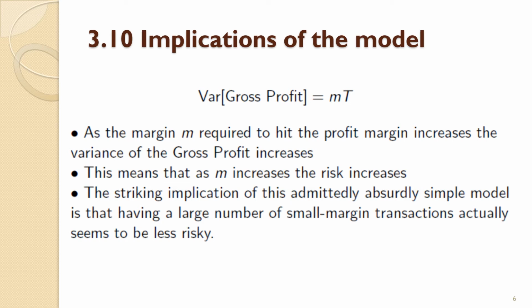There are two basic ways in which you can formulate your business and create value. You can have a model with low margins and high volume, or high margins and low volume. And the implication of this model would be that the simpler approach, low margins and high volume, seems in a certain sense to be less risky.